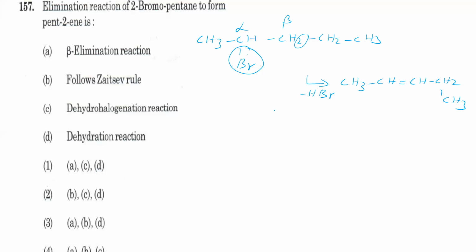Therefore, it is called a beta elimination. And another product is possible. If this hydrogen is removed, then we will get the product like this: CH2 double bond CH, CH2, CH2, CH3.